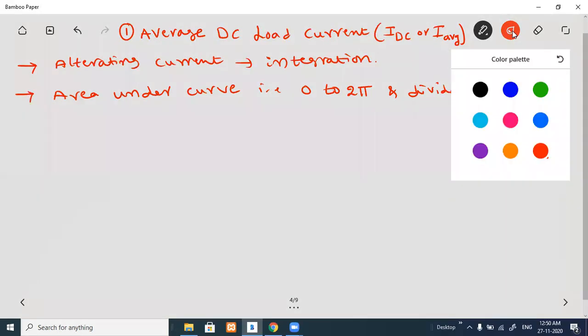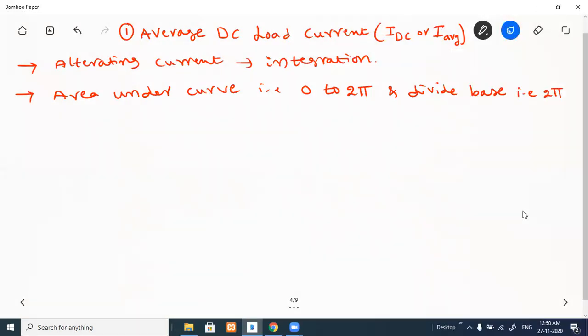So first let me draw the waveform of half-wave rectifier output. So this is the time axis and this is load current.